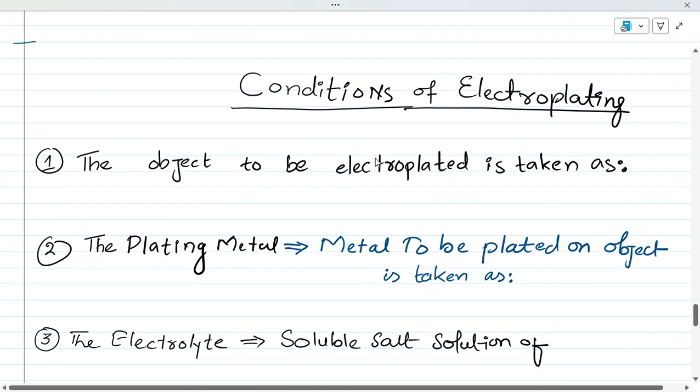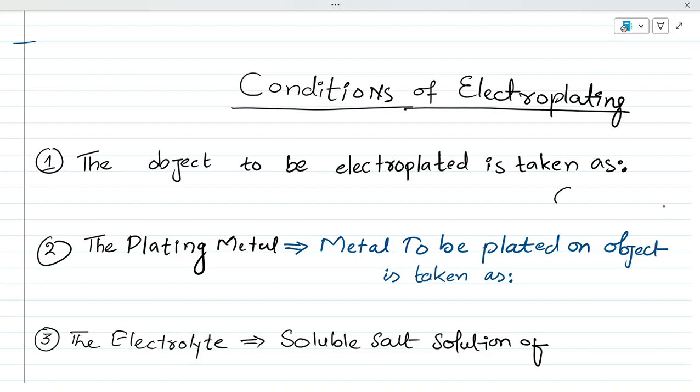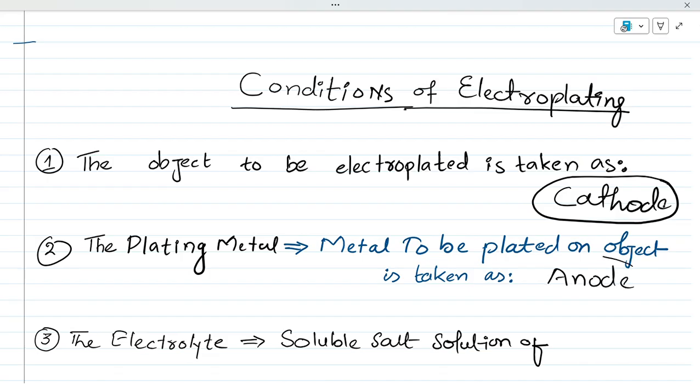To electroplate an object, the object to be electroplated is taken as the cathode, and the plating metal to be plated on the object is taken as the anode. The third rule is that the electrolyte should be the soluble salt solution of the plating metal.